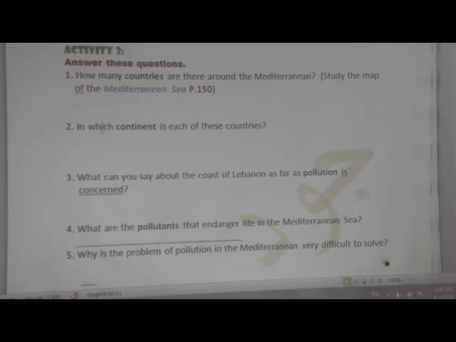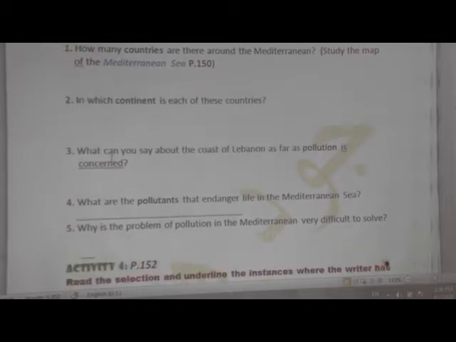Now, question 2. In which continent, pay attention, in which continent is each of these countries? 3. What can you say about the coast of Lebanon as far as pollution is concerned?